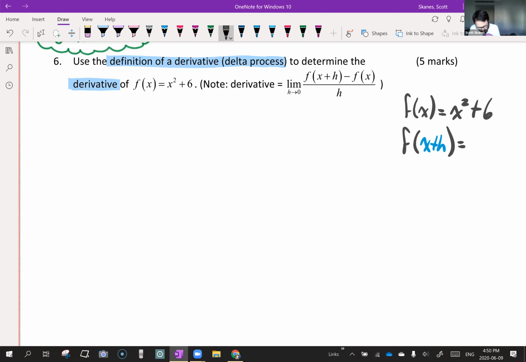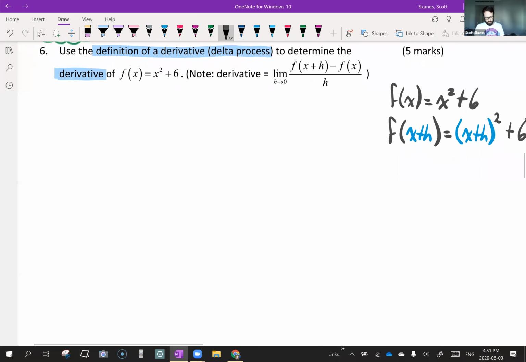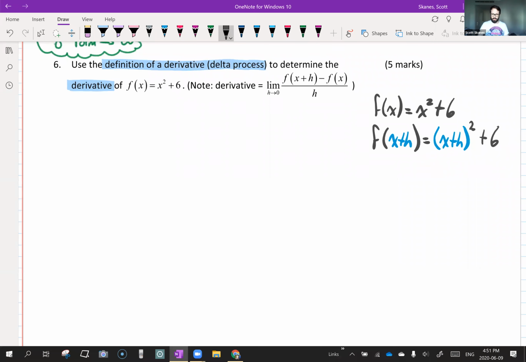Anytime you see an x, replace it with x plus h. So (x plus h) squared plus 6. You take those answers, put them into your formula, and the rest is just algebra. You with me so far?